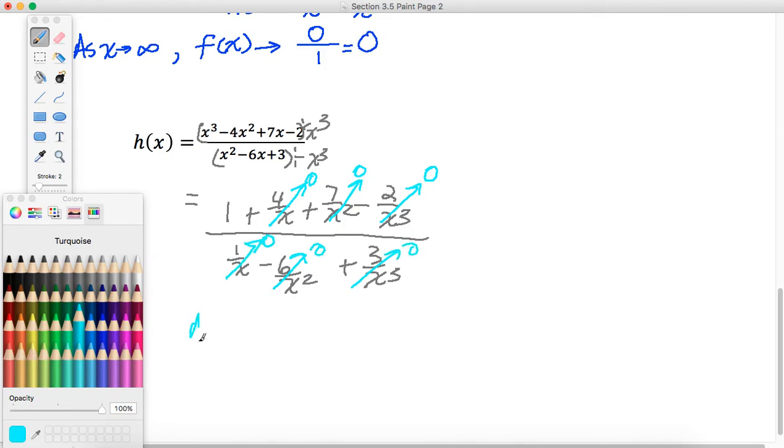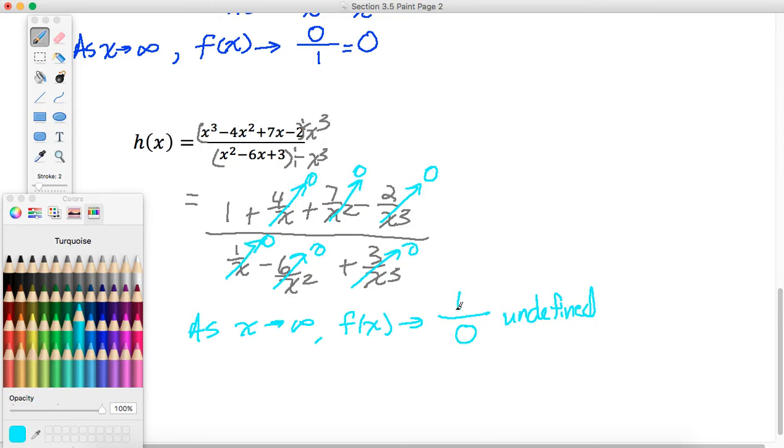And so as x approaches infinity, my function is going to approach, well, I have 1 plus 0 plus 0 plus 0, which is 1, over, oh, I'd be dividing by 0, right? This is undefined. So it's 1 divided by 0, right? And these things are approaching 0.